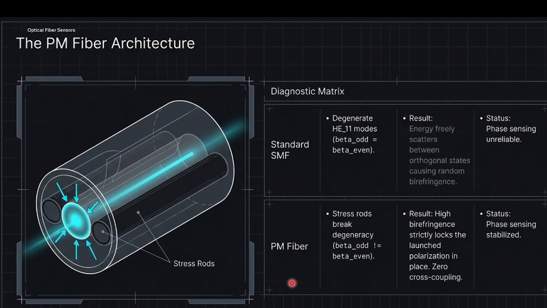Then PM fiber comes into the picture, where the stress rods break degeneracy. Beta odd is not equal to beta even, and the resulting high birefringence strictly locks the launch polarization in place, zero cross coupling, and phase sensing is stabilized.